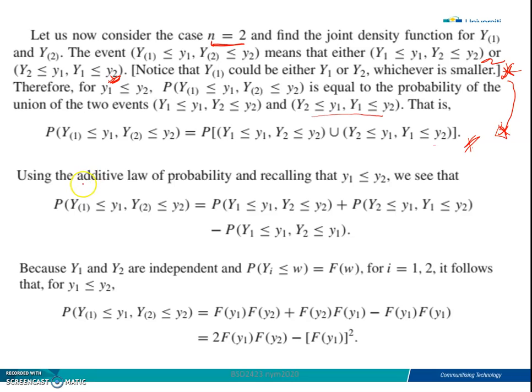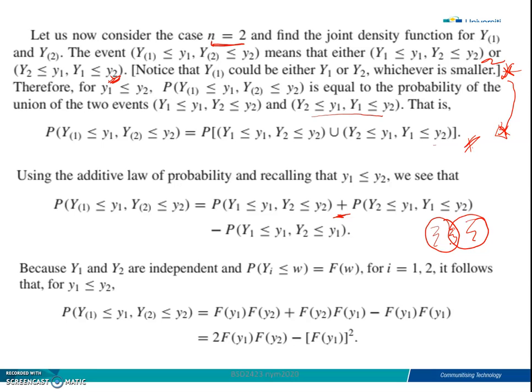Then, using the additive law of probability, which you learned in counting and probability, since it is a union you have a plus, and then you must minus the intersection: y1 less than y1, y2 less than y1. You can see that we have these two in the union, but in order to get here and here, you need to subtract this one.